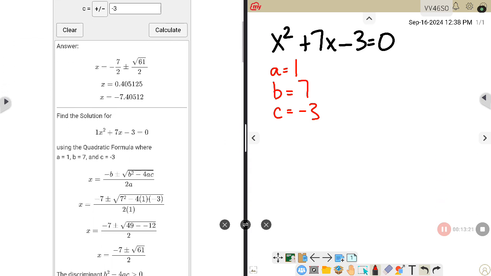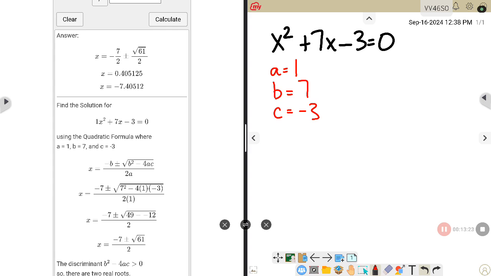So this one, I'm going to show how to do exact solutions and approximate solutions. My exact are my ones with the square root. So I'm going to have negative 7, then plus or minus the square root of 61 all over 2. And then my approximate solutions are the decimals rounded to the 4th decimal place.